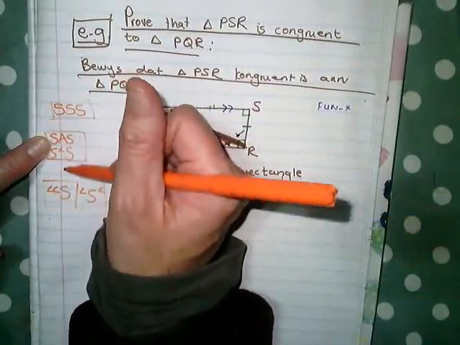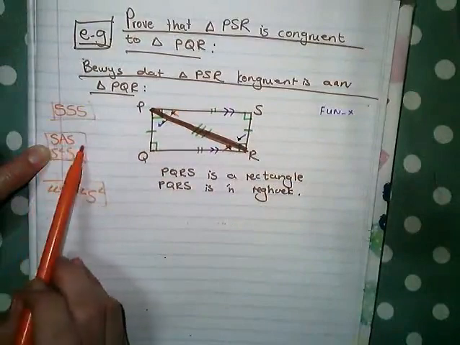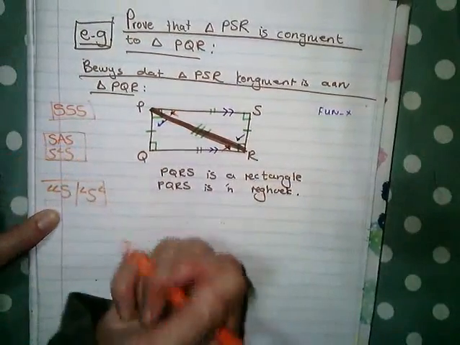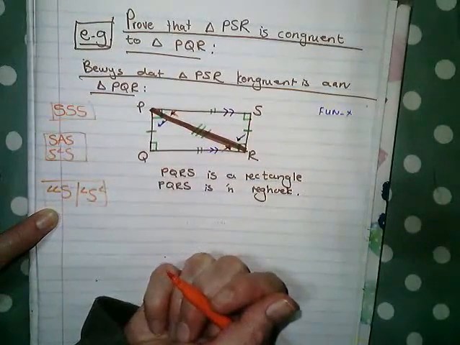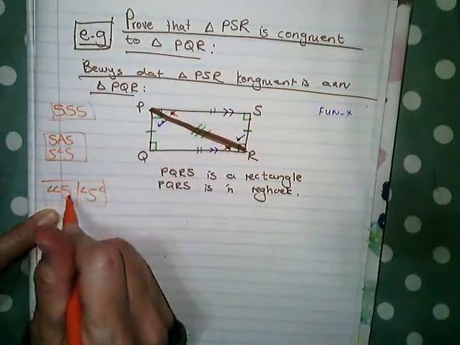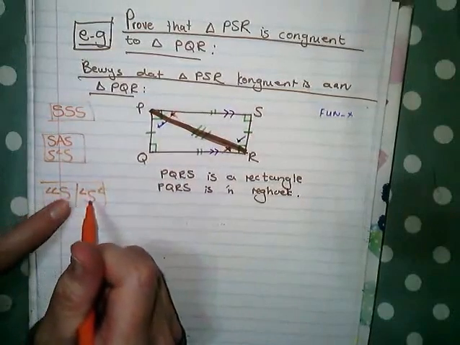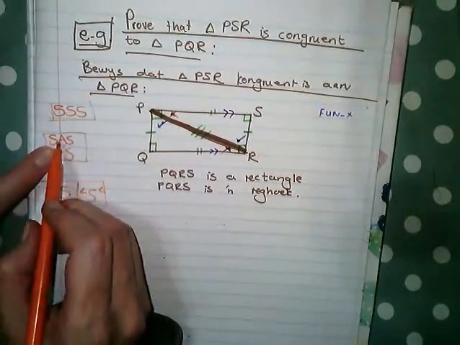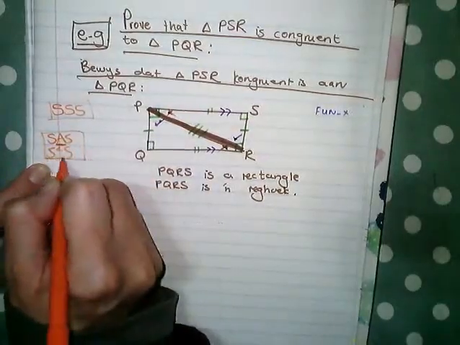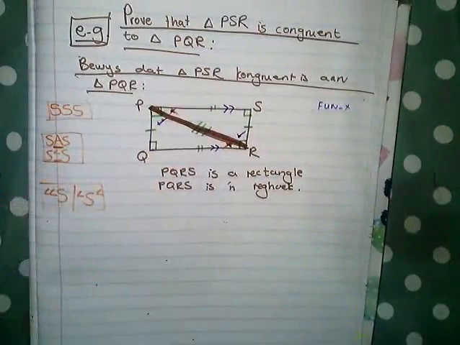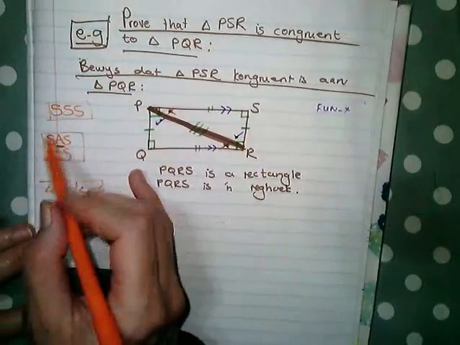You have to be able to form the word SAS. With one side and 2 angles, it doesn't matter whether the side is in the middle or not. But when there's only one angle, that angle has to be between the 2 sides.